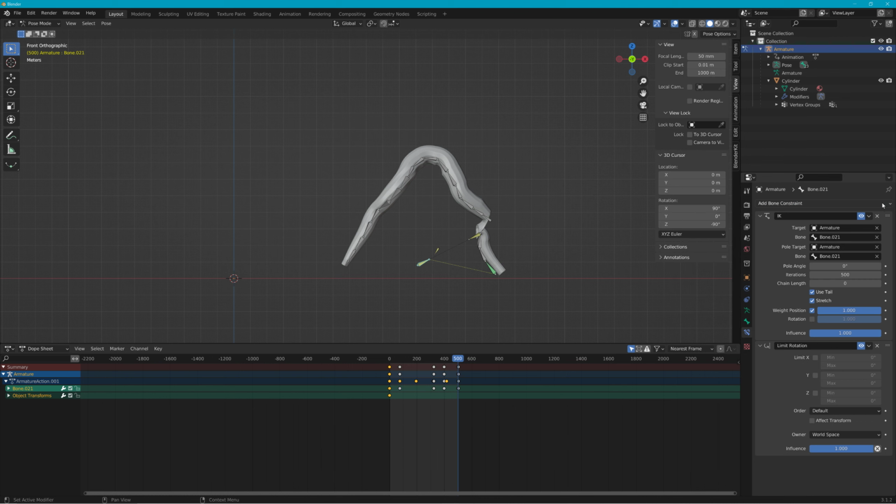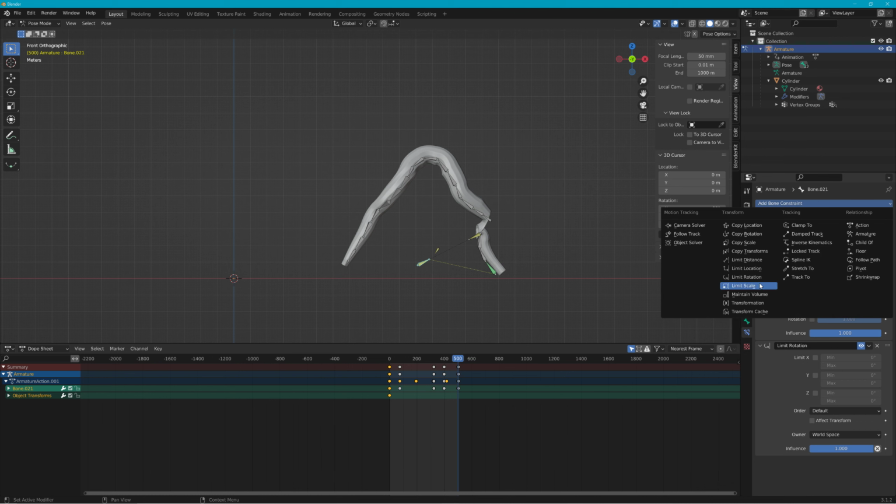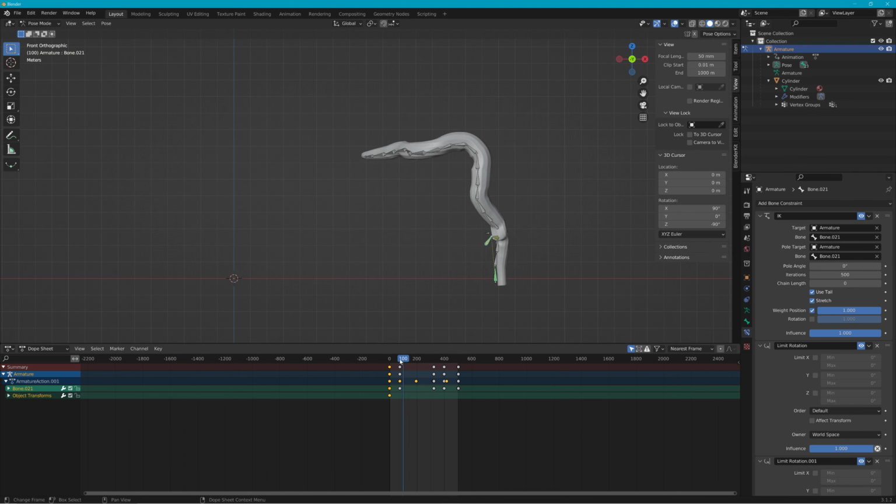I didn't mean to add that twice. I'm trying to add limit rotation. Oh.